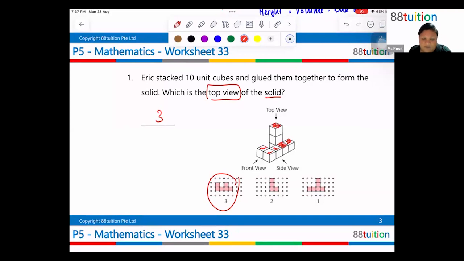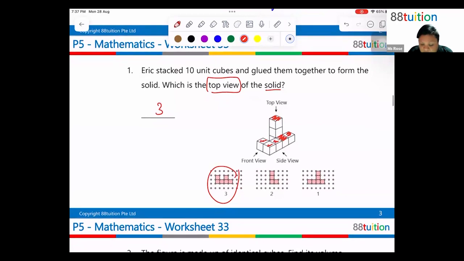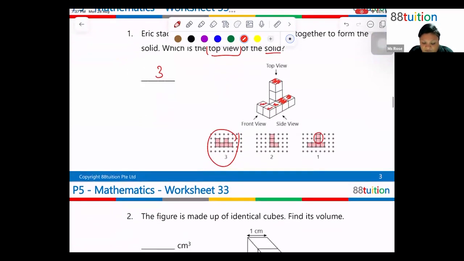So if you look again, it is always the top view from the front view. Now, unless they specify top view from the side view, then actually the drawing is supposed to be like that. But number 3 is the correct drawing, okay? Because this one cannot, because there are 2 squares that protrude.